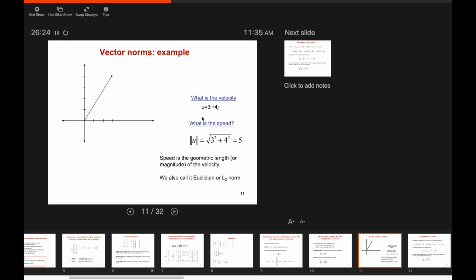So I'm going to compare cars and their vectors by speed. This comparison is how I'm normalizing things first. So we're referring to this speed as a norm. This is the so-called Euclidean or L2 norm. Those are just fancy names for this simple one.